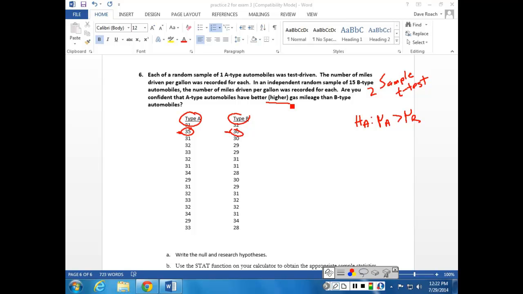It says you can get the statistics on your calculator. So to do that, you're going to put all of those numbers into your calculator. Put all these into list 1 and all these into list 2. Let's go ahead and do that. I'm going to have to erase here because I can't even see the numbers.